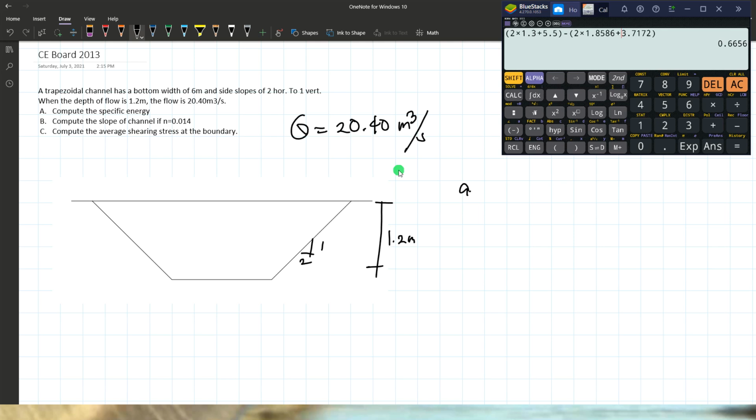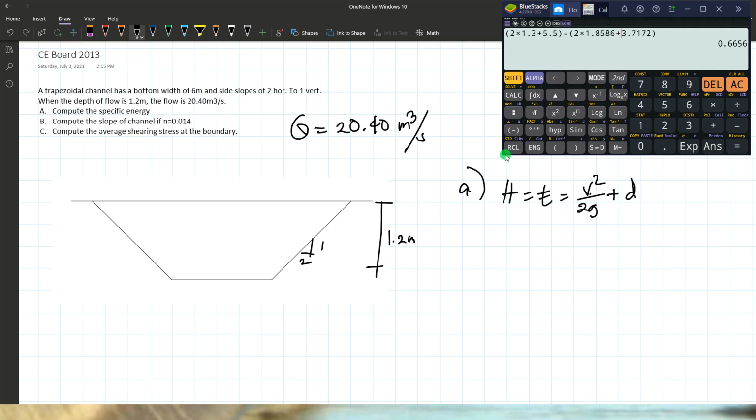Letter A, compute the specific energy. So what is the specific energy? It is H, or we can also express it as E, equals V squared over 2g plus the depth.